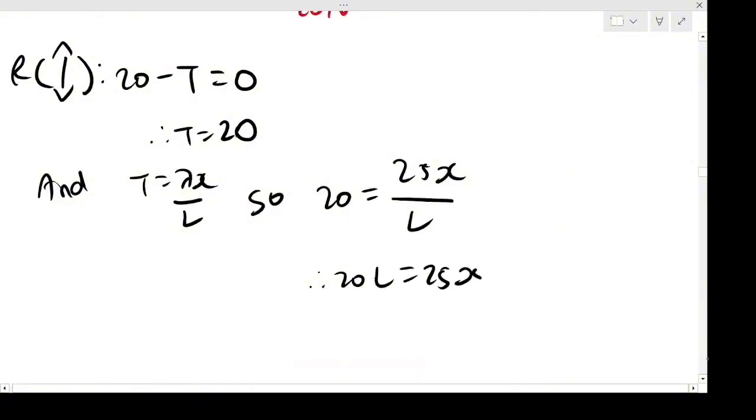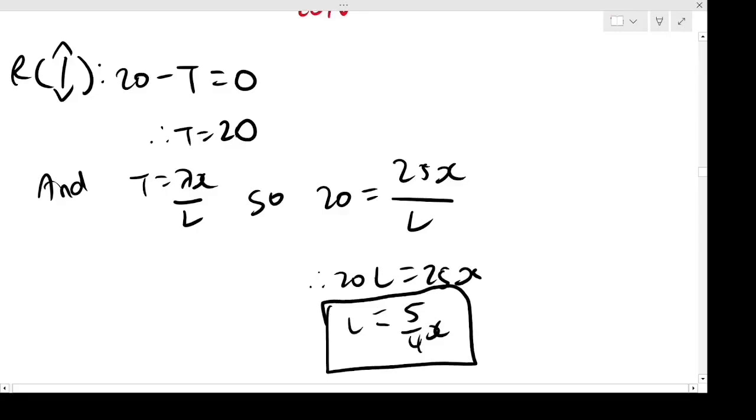If I divide by 20, 25 over 20 is 5 over 4, so L is 5/4 x. That's about as much as we can do here.